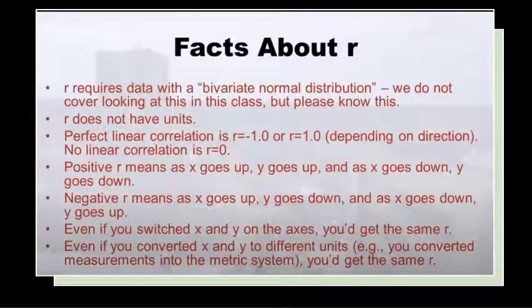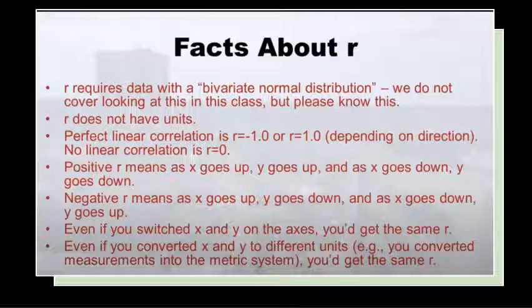All right, so let's learn a couple fun facts about R, because there are a couple things I didn't necessarily mention, and they may be important for you to know. First of all, R requires data with a bivariate normal distribution.